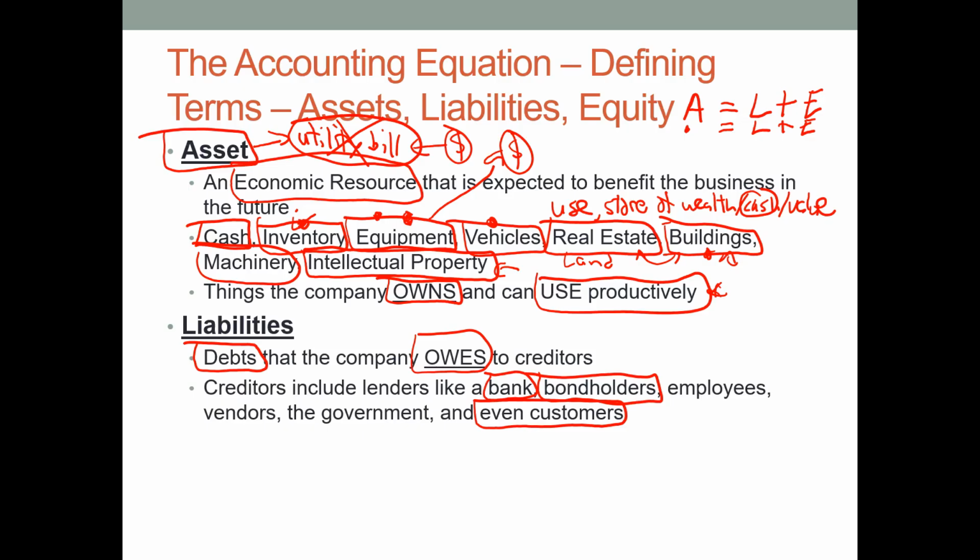So in that case, United Airlines or Southwest, they're going to have a liability to their customer for this service that they're going to have to provide. We're going to call this unearned revenue. We're going to see unearned revenue later as we progress. This is money that the company has taken, but it has not yet provided the services or goods that it took the money for.